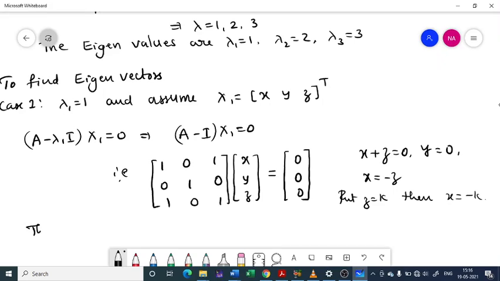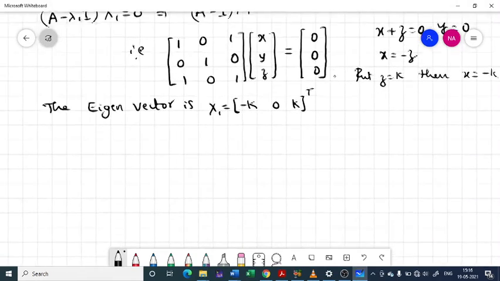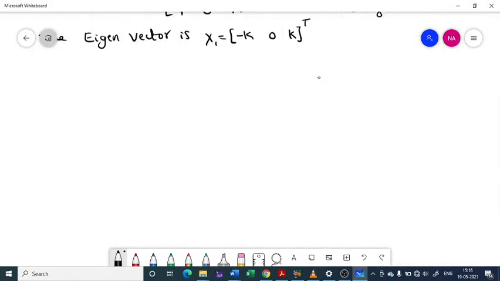So the eigenvector is capital X1 equal to (minus k, 0, k) transpose. That is the eigenvector corresponding to the first eigenvalue.